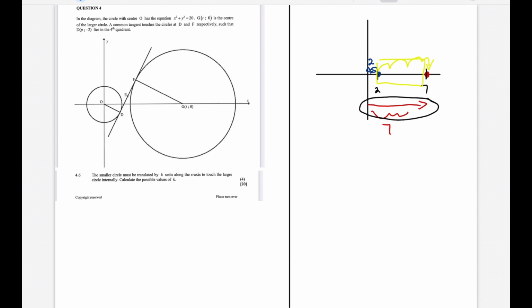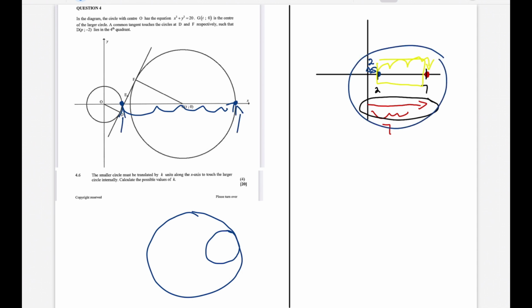So to answer this question, I'm simply going to find what the x value is here and what the x value is here, because I just need to move this point all the way to here to get that diagram that looks like this. I can find that by taking the x value here minus the x value there, much like we just discussed.